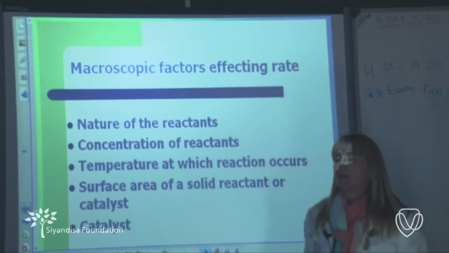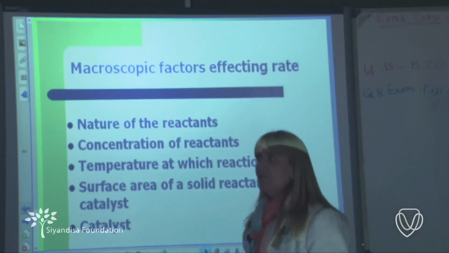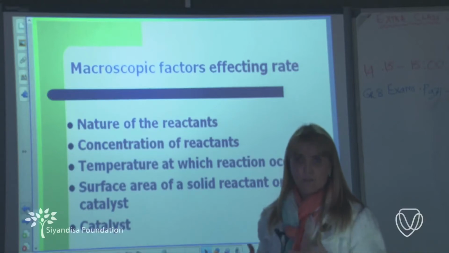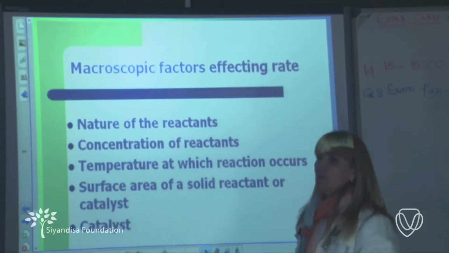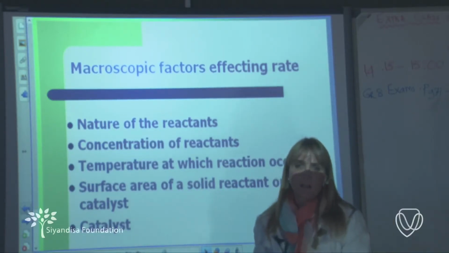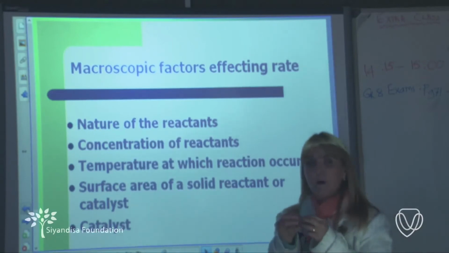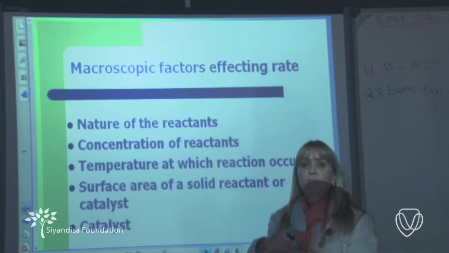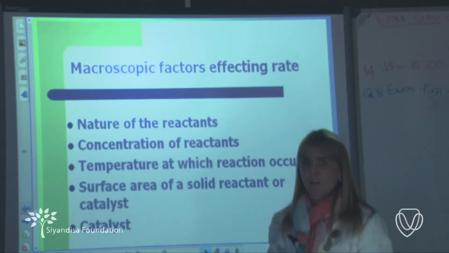Now, ladies and gentlemen, the nature of the reactants refers mainly to the type of molecules that you are dealing with as reactants. So, for example, water is a fairly simple molecule. There are only the bonds between the oxygen and the hydrogen atoms that need to be broken before a new chemical reaction can occur.